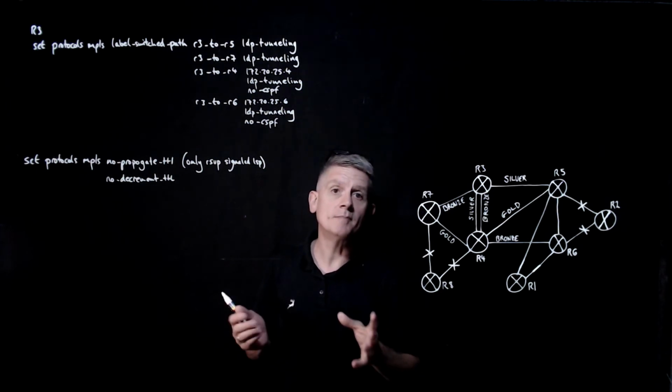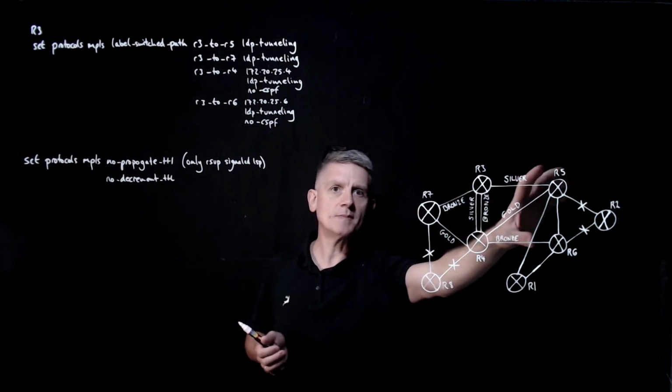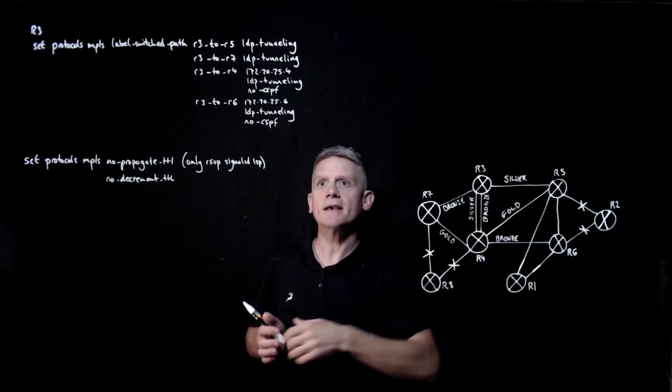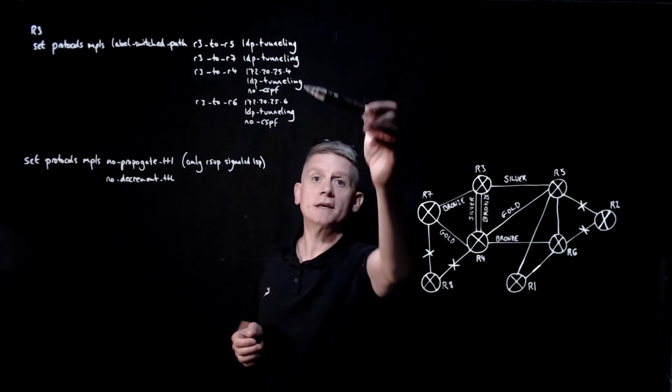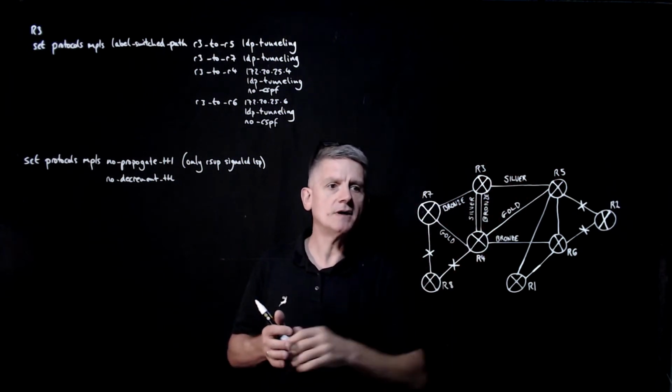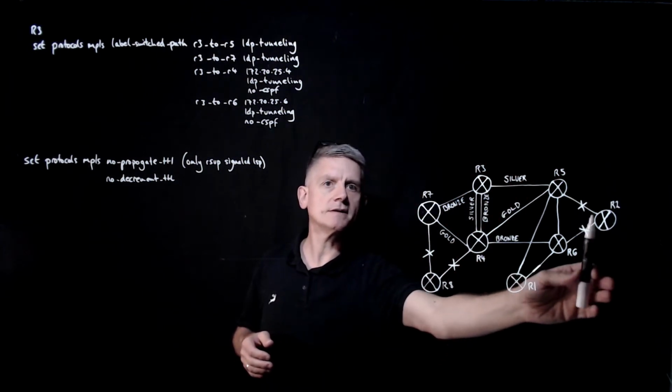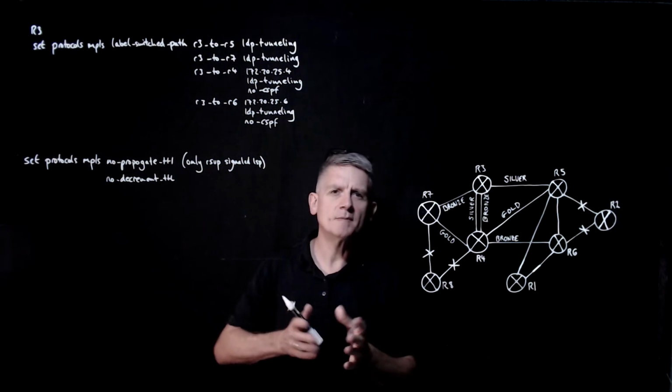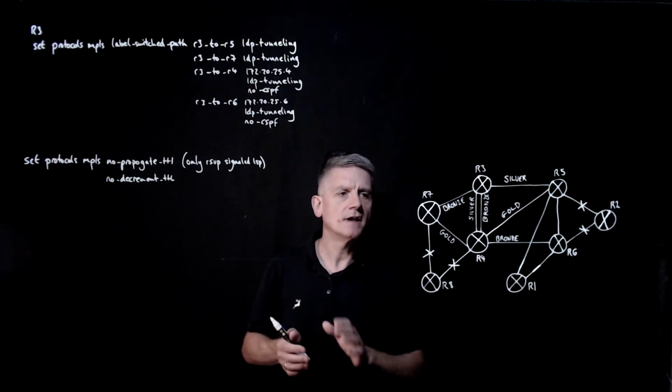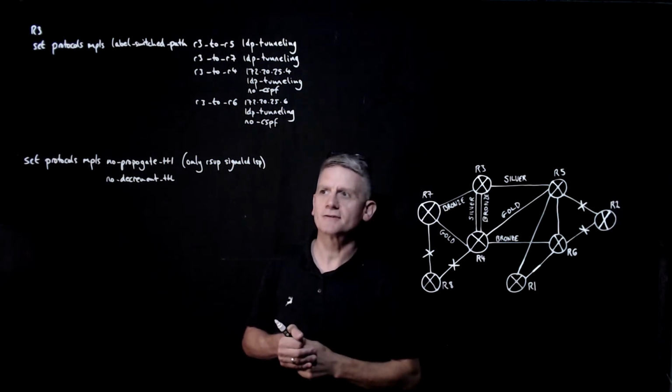And once we've built that full mesh of RSVP paths, then LDP with the tunneling is going to effectively make a full mesh of LDP paths. It's going to include R8 and R2, effectively building targeted LDP paths, and will be fully meshed.